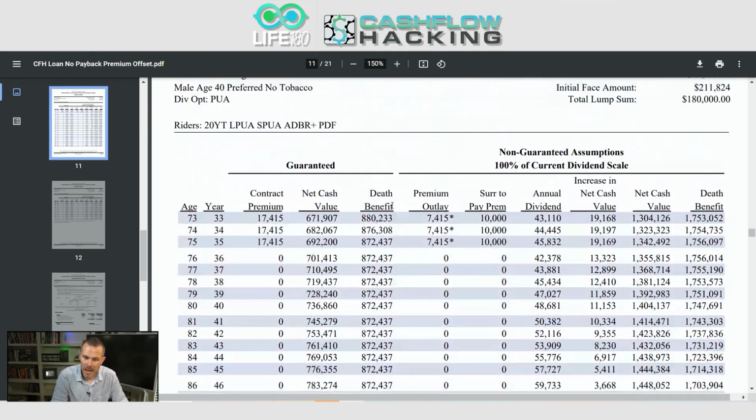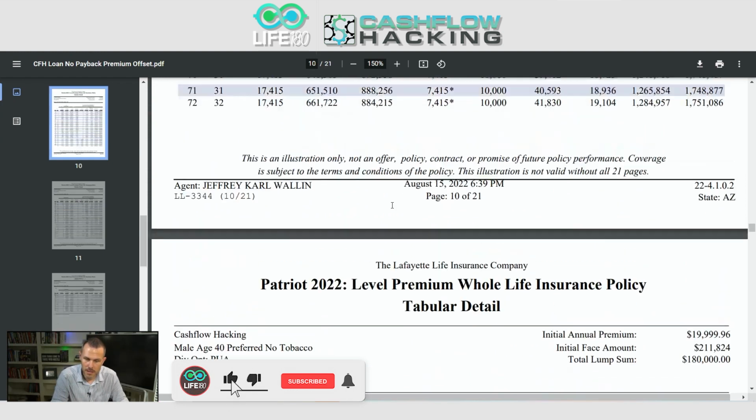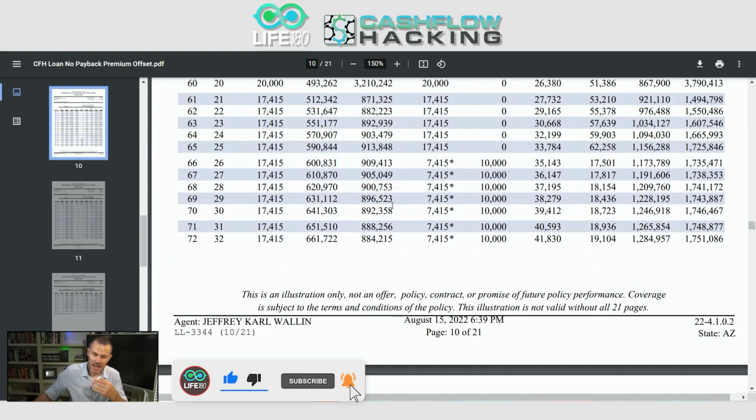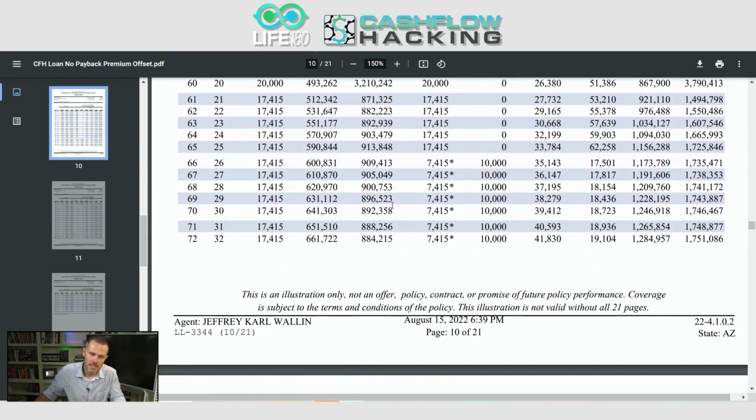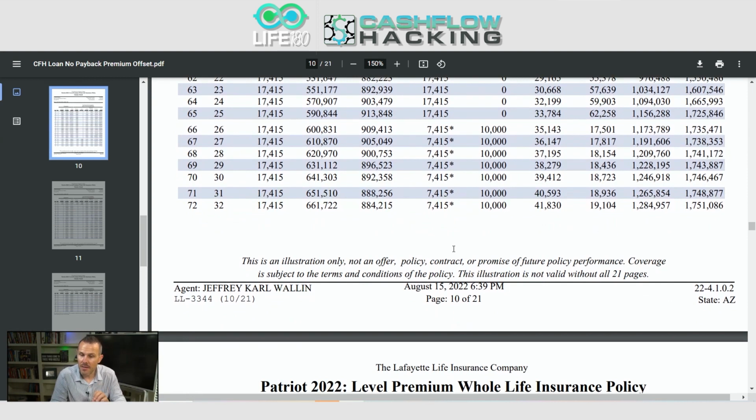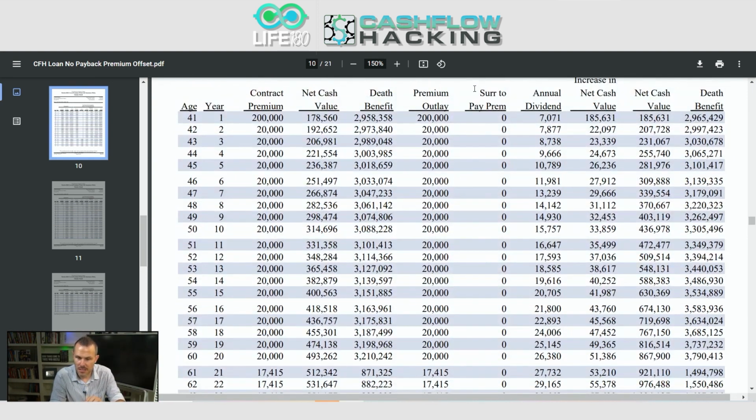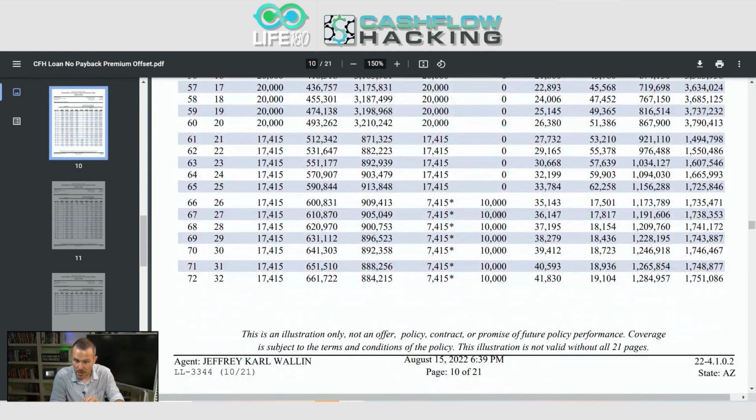But the difference is, out of the portion of the money that you contributed, what is it, $17,415? So it's $174,150 basically was paid for through dividend payments and through the surrender, because you can see we had to surrender a portion of the policy, $10,000 per year, to cover this premium.